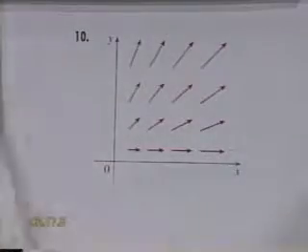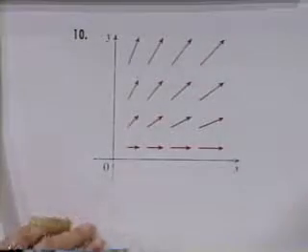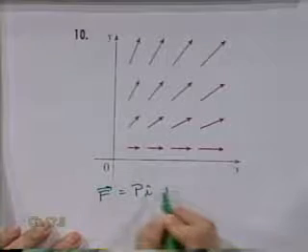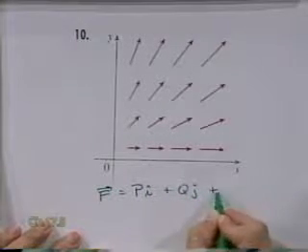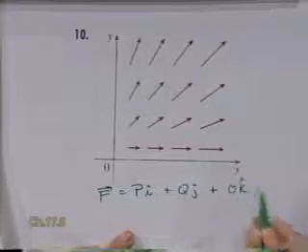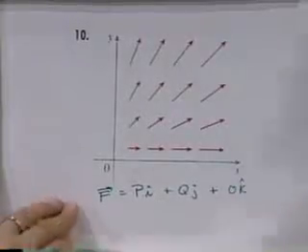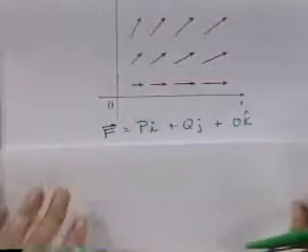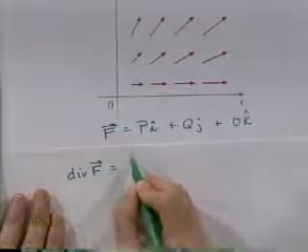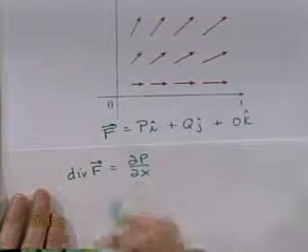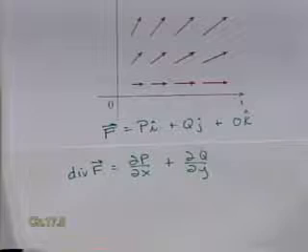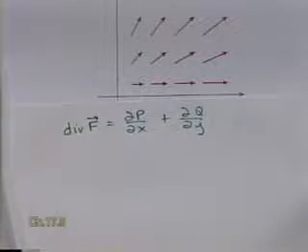Okay, let's do another one. This one. Again, we could write our vector valued function f as pi plus qj plus, what's its z component? 0. Okay, so the divergence of f is the partial of p with respect to x plus the partial of q with respect to y. Now let's look at these.